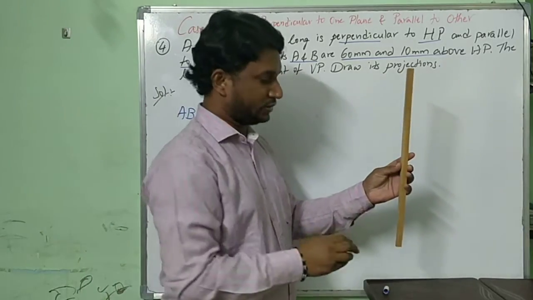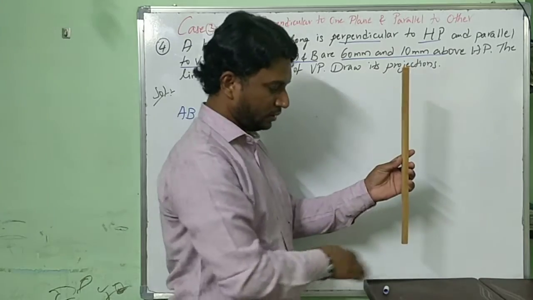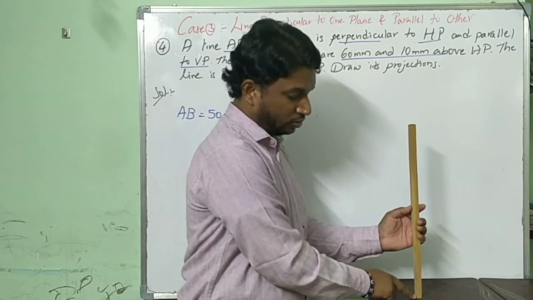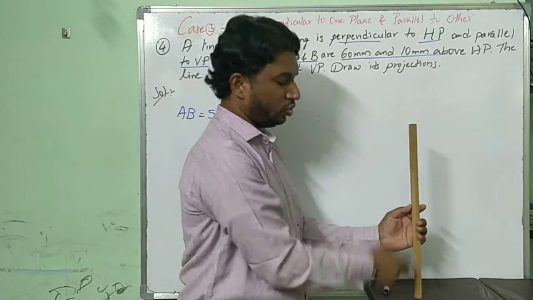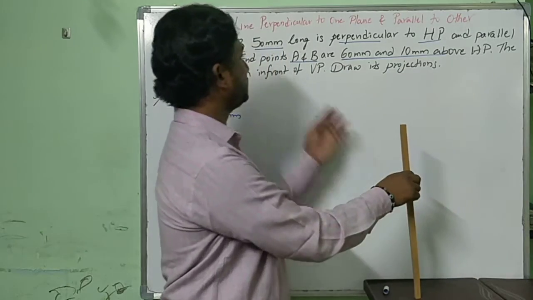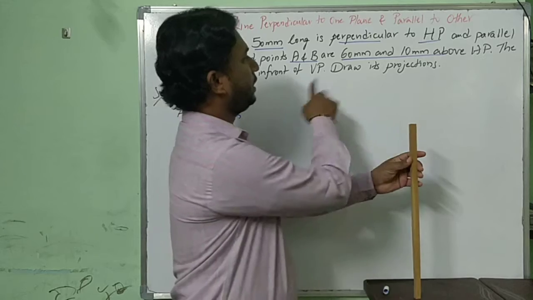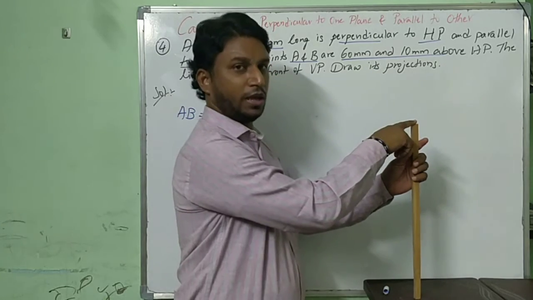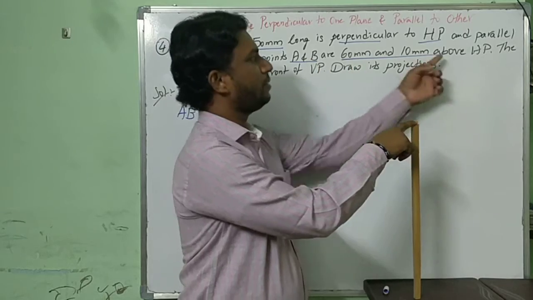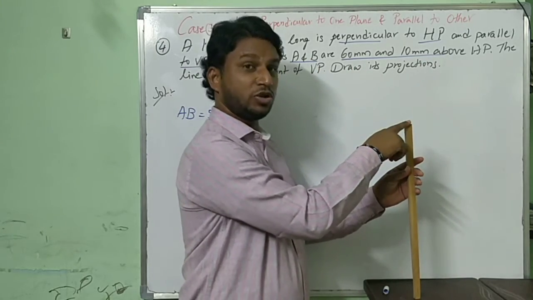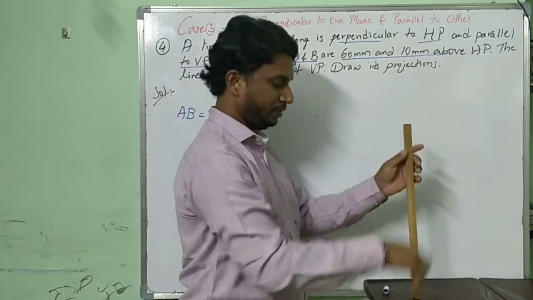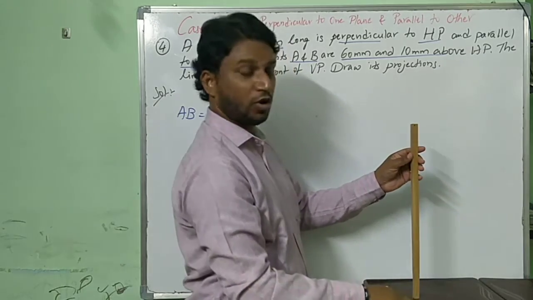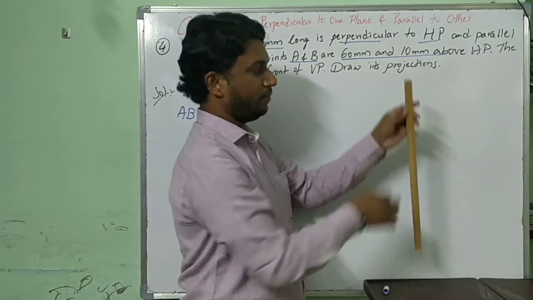Now, look at this. This is a vertical line. I have placed it here. It is on HP. Now, these end points A, B. Total length is 50. Now, what is he telling? End points A and B are 60 mm and 10 mm. End point A is 60 mm above HP. I am considering the top point as end point A, right? This as end A. Now this should be at what height from HP? 60 mm.